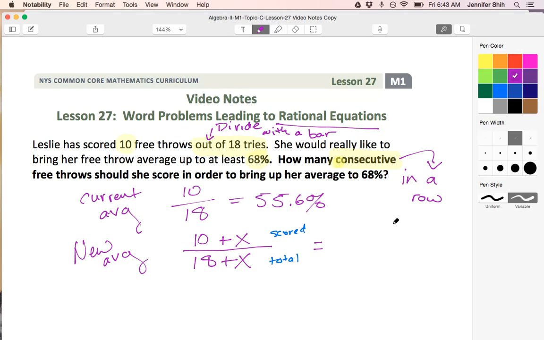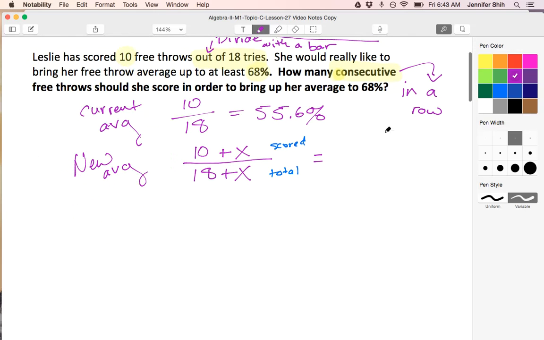So let's talk about percentages a little bit, just really, really fast. Percents. This is something you've seen before, but always worth a review in any class. So 68%. In my mind, I'm reading this as 68 per cent.